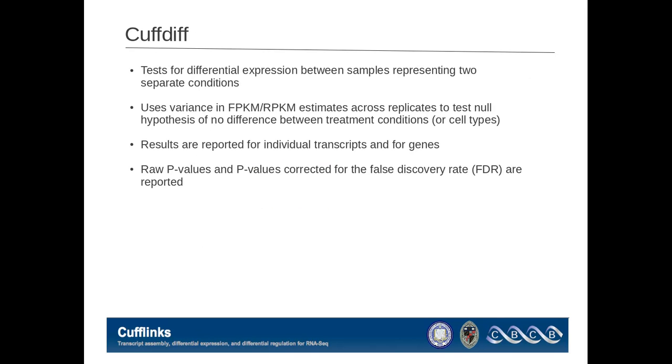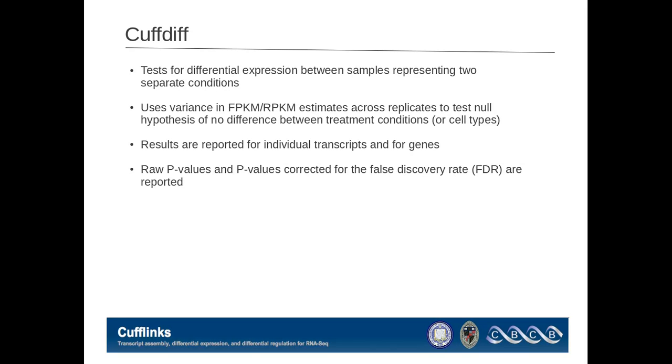So finally, Cuffdiff is the tool that does the test for differential expression between the two conditions, which in our case is the temperature treatments in rice. It will estimate the variance in the FPKM estimates across the replicates, and will then test the null hypothesis that the two treatment conditions are not different in their expression for each gene or for each transcript.